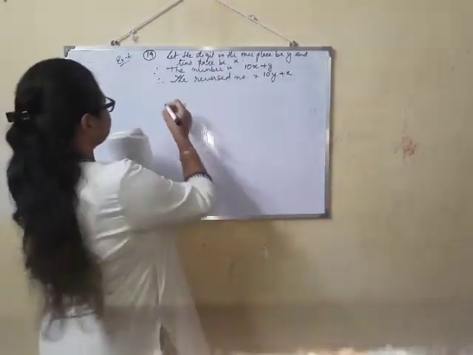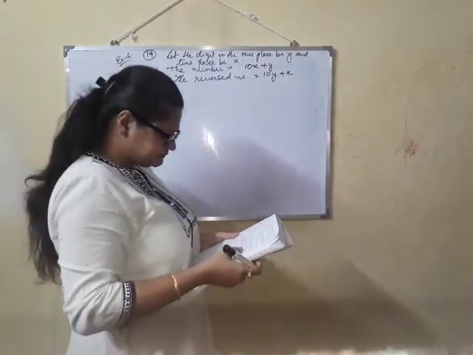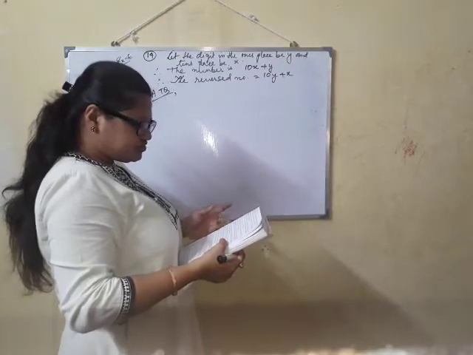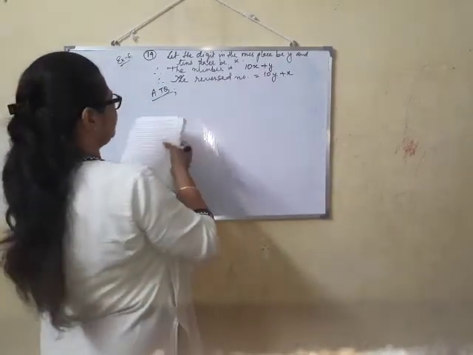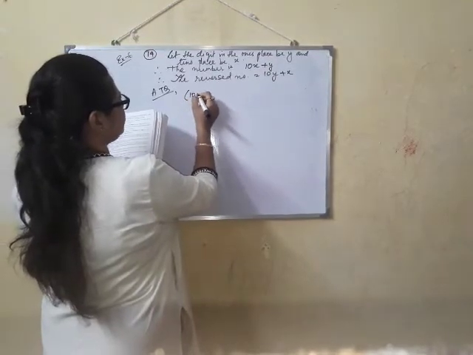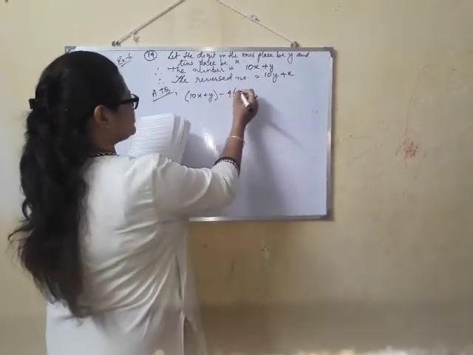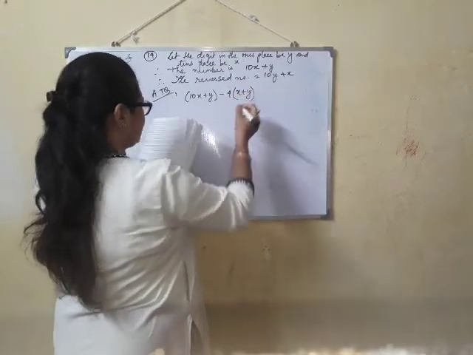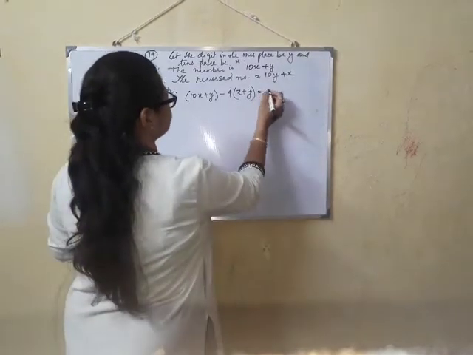Now according to the question, what are the two conditions that are given to us? A number of 2 digits exceeds 4 times the sum of its digits. Very fine. That means this number will exceed 4 times the sum of its digits by 6.